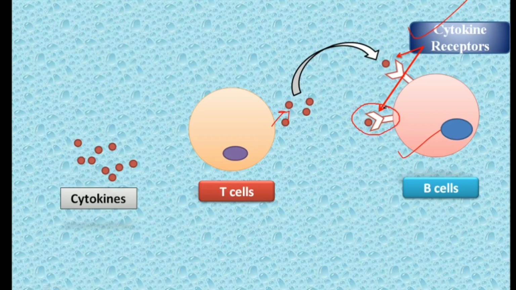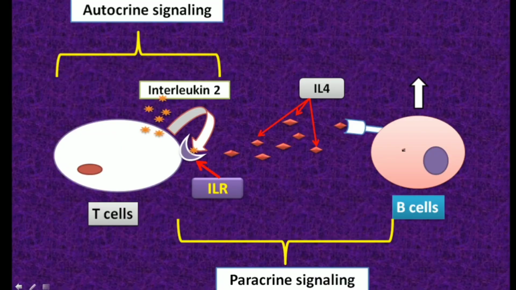They also act as intercellular mediators and produce paracrine or autocrine signaling over short distances between the cells. You know this autocrine and paracrine signaling. Paracrine means the signaling between one cell to another within a single organism, and autocrine means the signaling that is done from the cell to the cell itself.